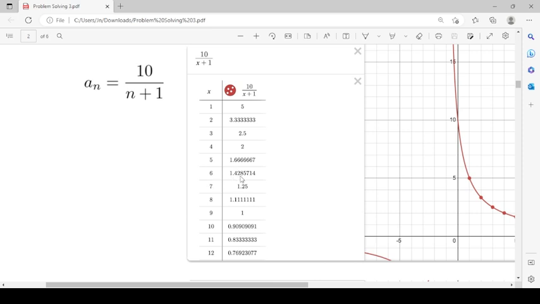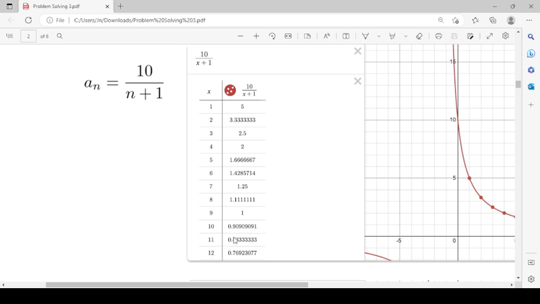1.4 something, and if you add 7 you get 1.25, and if you add 8 you get 1.1111111, and if you add 9 you will get 1, because it's 10 over 10, and if you add 10 you will get 0.90909090.